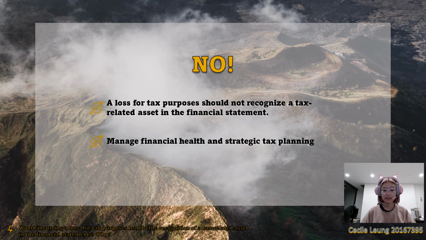In conclusion, a loss for tax purposes should lead to the recognition of a tax-related asset in the financial statements. It is significant for the company to manage financial health and strategic tax planning to carry forward the net operating loss to offset income in future periods.